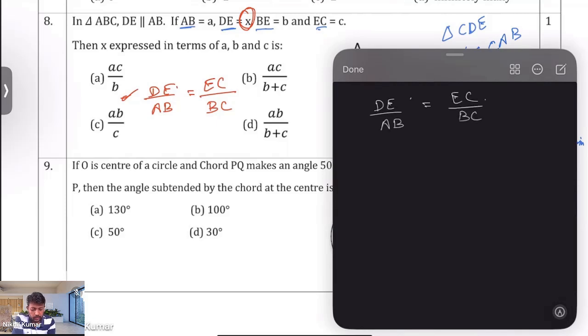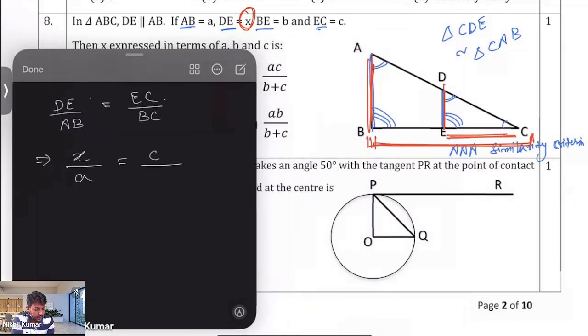Think this through. DE is given to us x. AB is given to us as A. No problems here. EC is also directly given to us as C. What about BC though? What about BC? Let me show you the picture. BC is this entire thing.